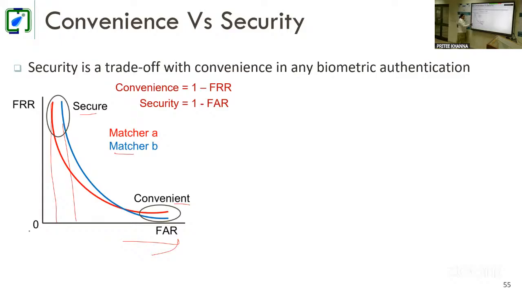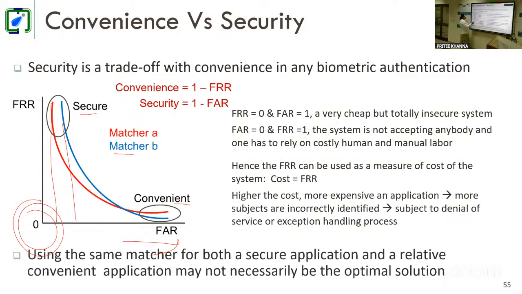So this is 0, and we want to be concentrated here if security is the concern. Between matcher A and matcher B, the false reject rate is the same, but the false accept rate differs.